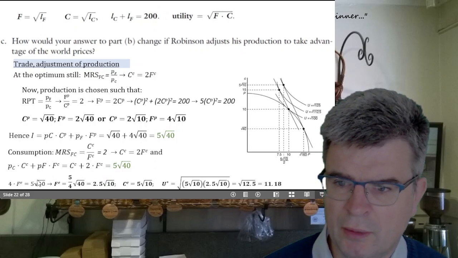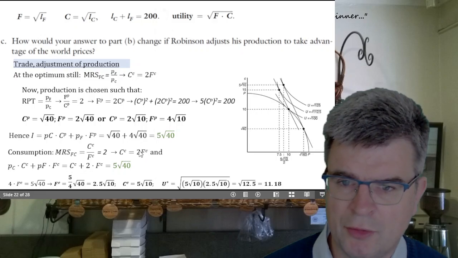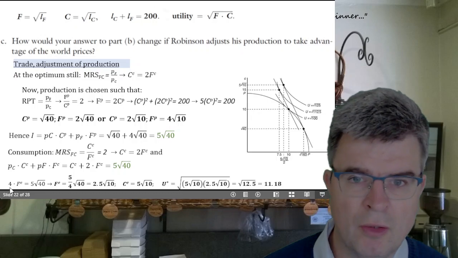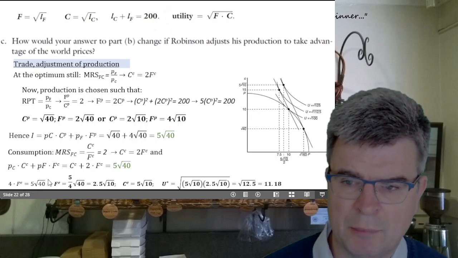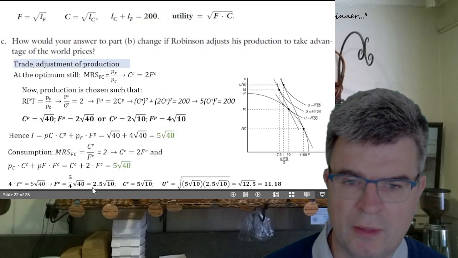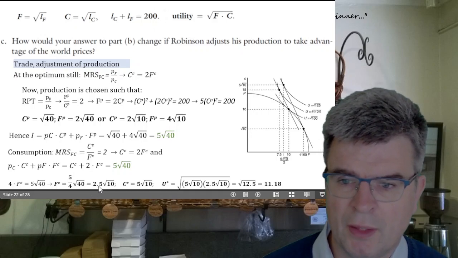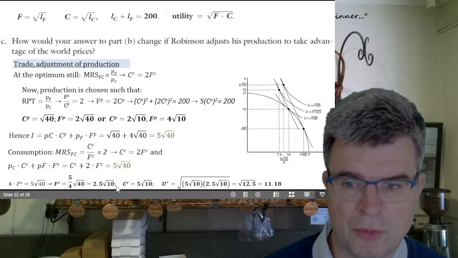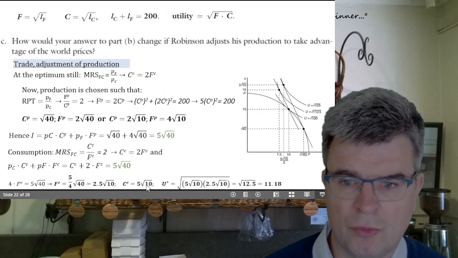And replacing the CC over here by 2FC, we get that 4 times FC is equal to 5 times the square root of 40. We can solve for FC and we get that in the new equilibrium he will consume 2.5 times the square root of 10 of fish and 5 times the square root of 10 of coconuts.